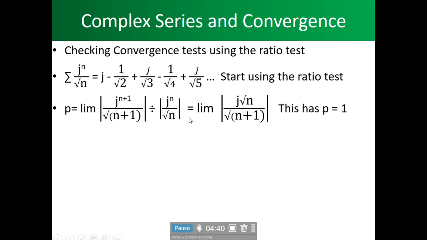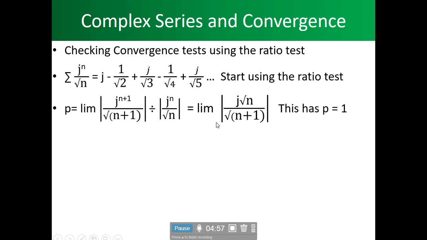We can see here that the j to the n's will cancel, and all we're going to be left with on the top is a j. The square root of n will come to the top because it's dividing, and the square root of n plus 1 will stay.